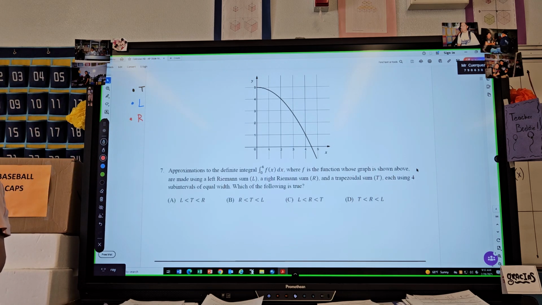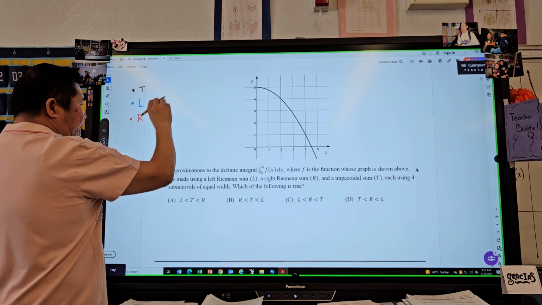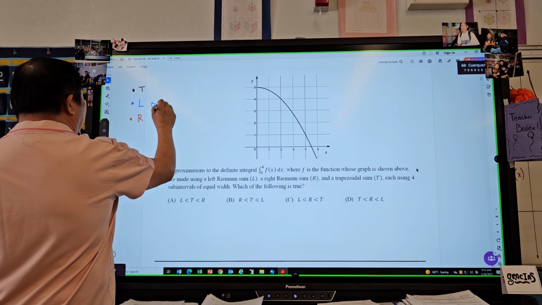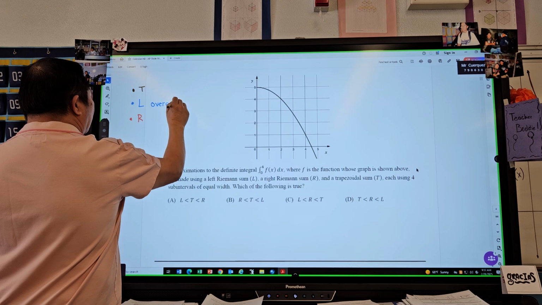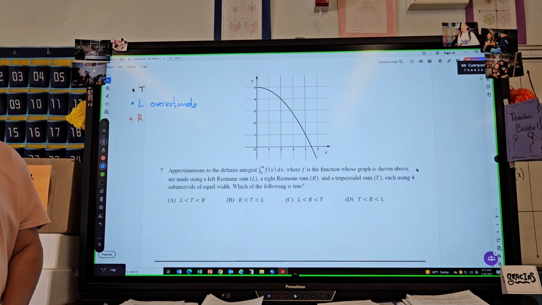Okay, what is your idea on left Riemann sum? If the function is a decreasing function, left Riemann sum is an overestimate. So we say overestimate if the graph is decreasing, right? Decreasing function. So overestimate. And how about the right Riemann sum?